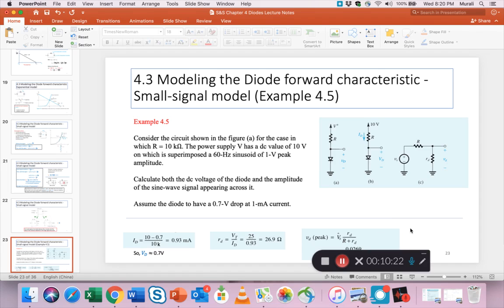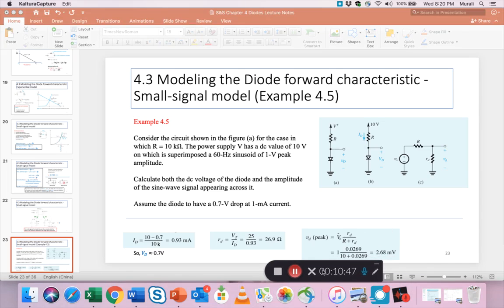So the small vd, that means the AC value, is, you take the V, the peak voltage of the sinusoid, and then you multiply that by the voltage divider ratio, RD by R plus RD, and you come up with the AC signal corresponding to the 1 volt peak, 60 hertz ripple.